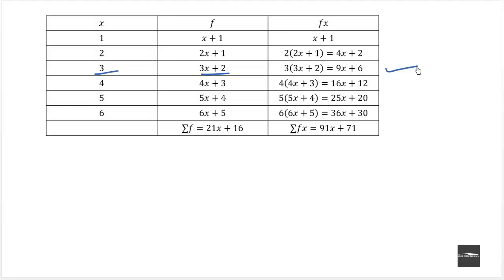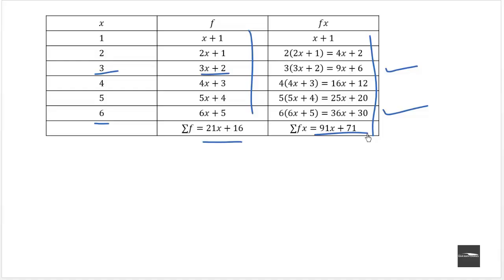We repeat the same process until we get 6 times 6x plus 5, which expands to 36x plus 30. So we add all the values here to get 21x plus 16. We add all the values here in terms of x to get 91x plus 71.